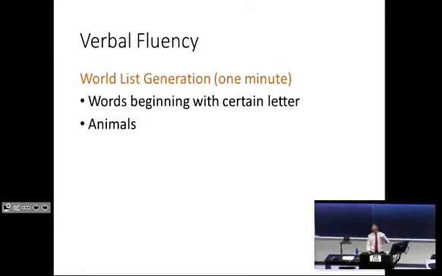So you have to use your frontal lobes to be able to generate these animal names. And a person with a high school education, for example, should be able to generate 10 or 11 words beginning with the letter F, or about 18 animal names.